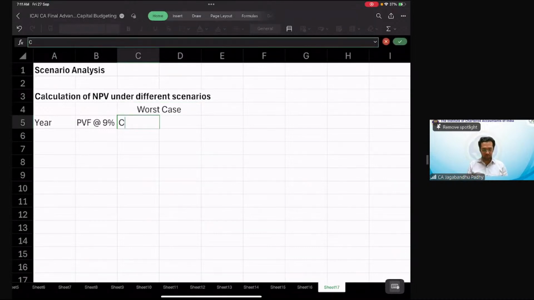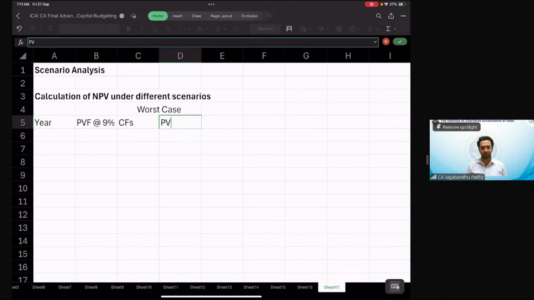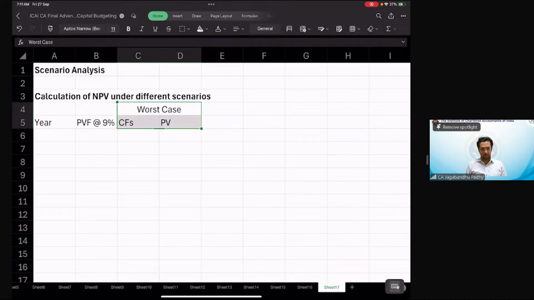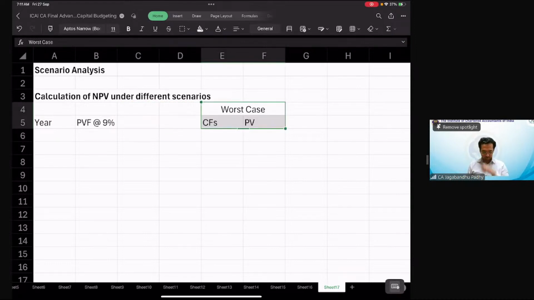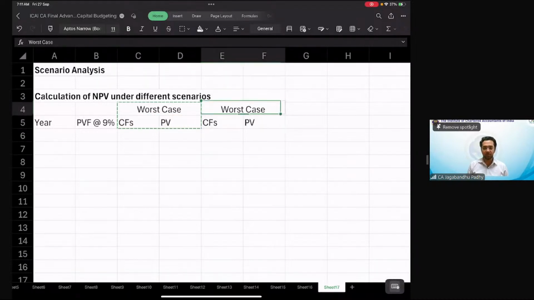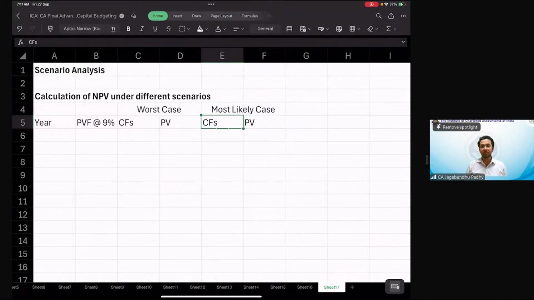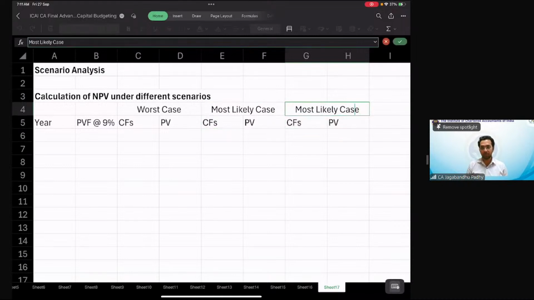In the worst case, we look at what the cash flows and the PV are. Then we extend it the other way around. Next is the most likely case. And similarly, we are going to have it for the best case.